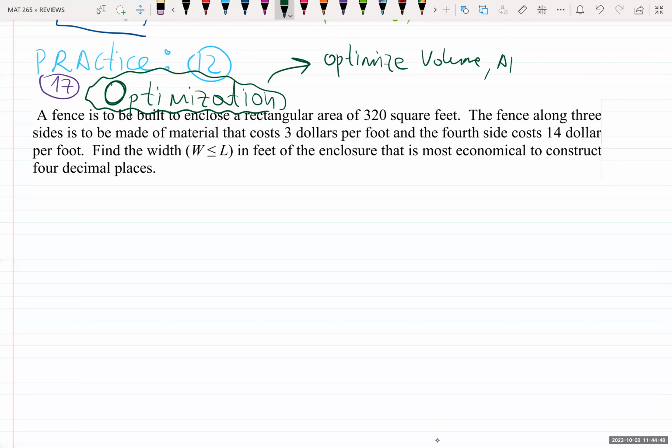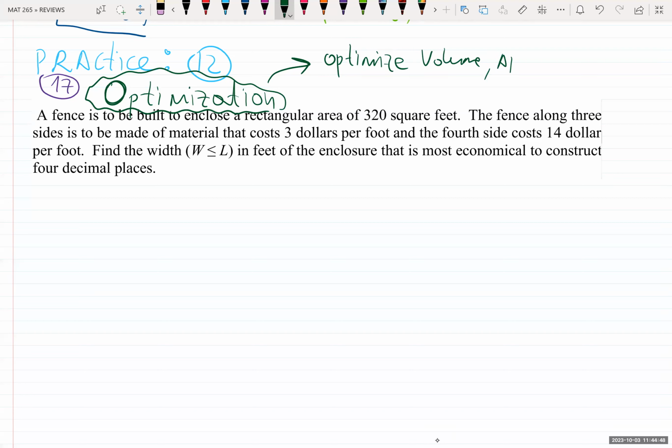And I just need to read carefully which one is which. So I know x is width. At least I chose it randomly, actually. It's like a random guess. Why not? I could put y to be width. So let me see how much width costs. Oh, it says 3 sides will be $3. And the fourth side is $14. So it doesn't even tell me which side is which.